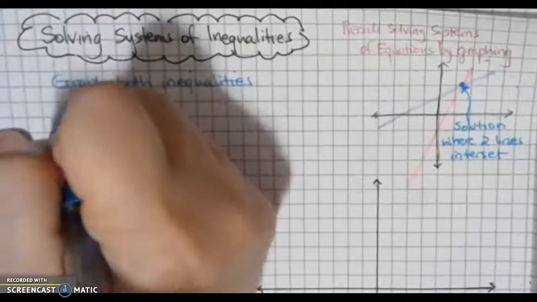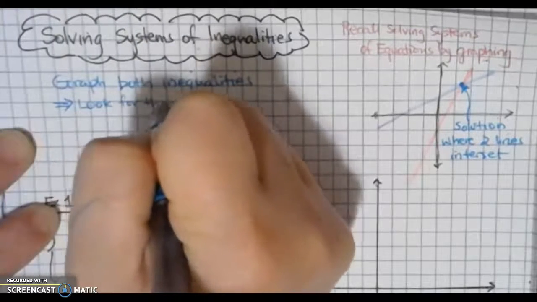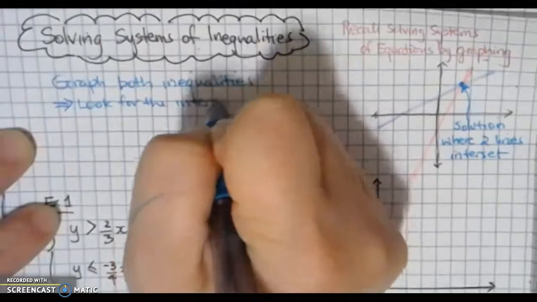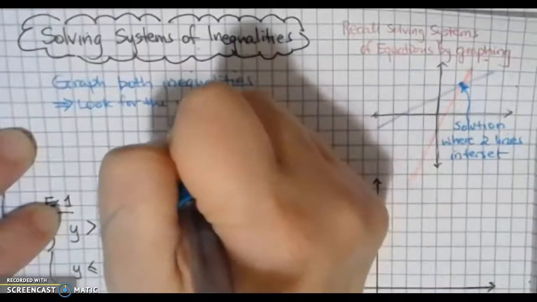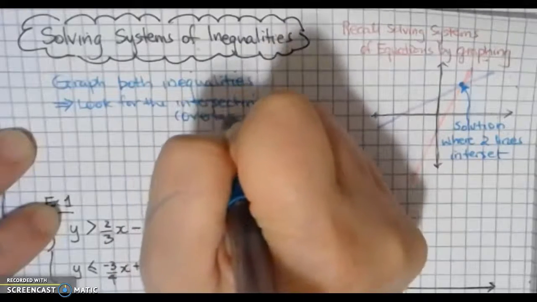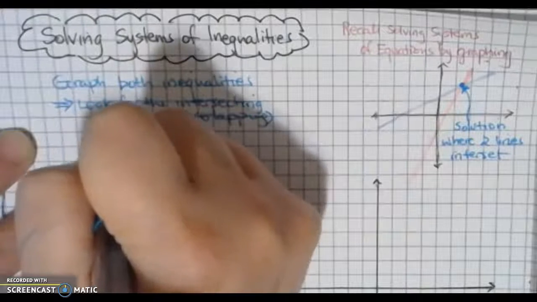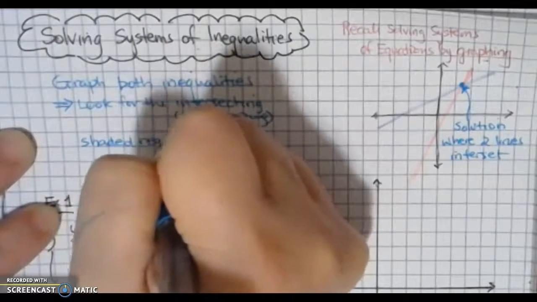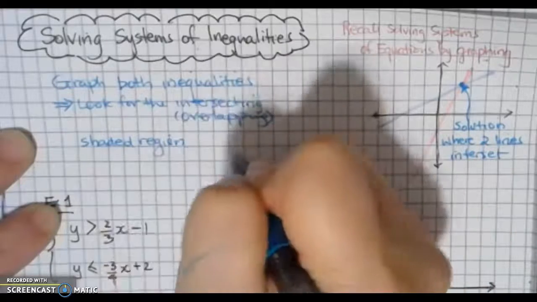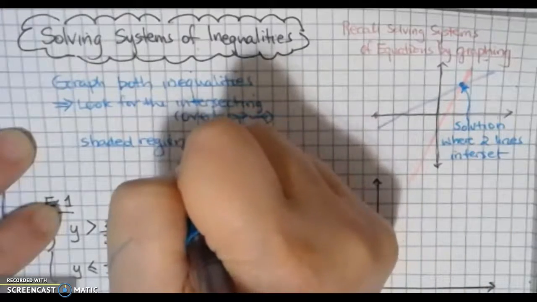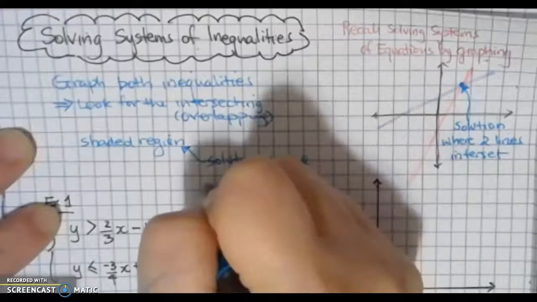And then we look for the intersecting, or in this case, because we're talking about a region, we can say overlapping shaded region. Okay, and that is the solution to the system.